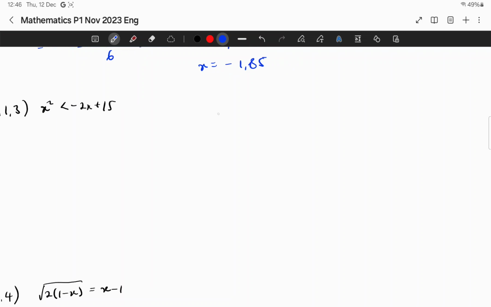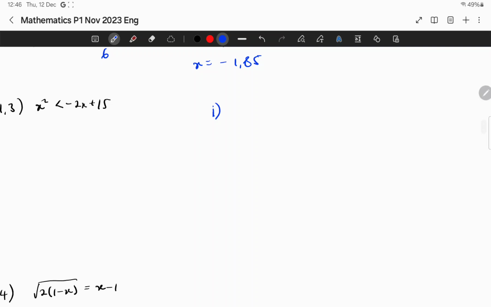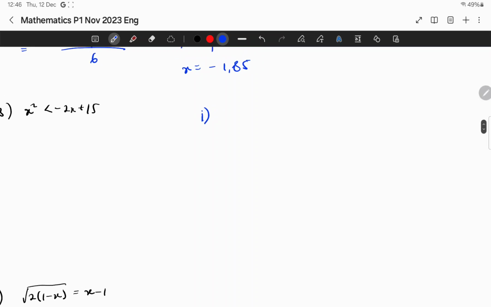The first rule, most importantly, is that when you multiply by a negative on both sides, the sign has to change to the opposite. If you have a greater than, you put a less than. If you have a greater than or equal to, you put a less than or equal to, and so on.